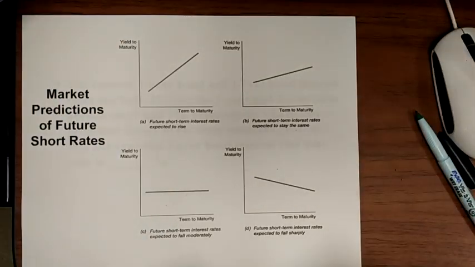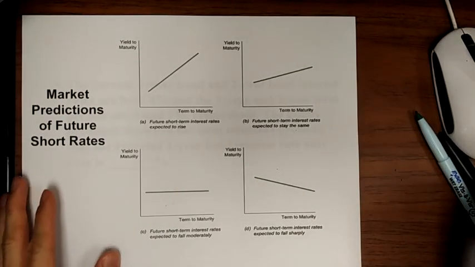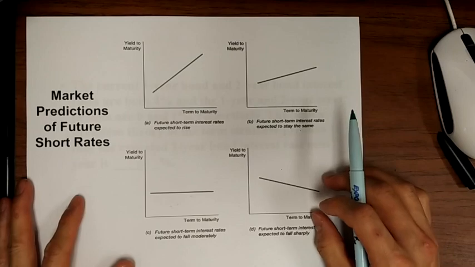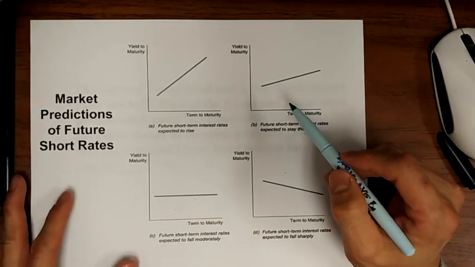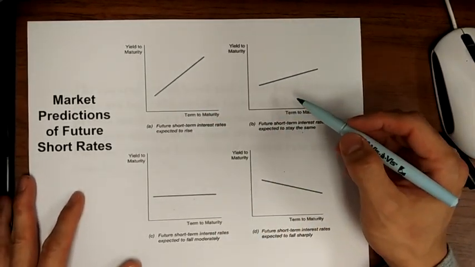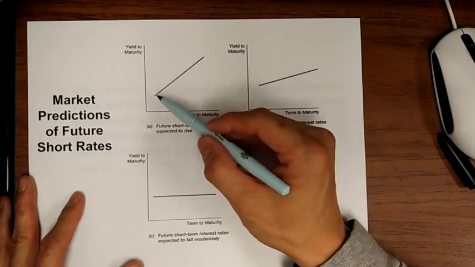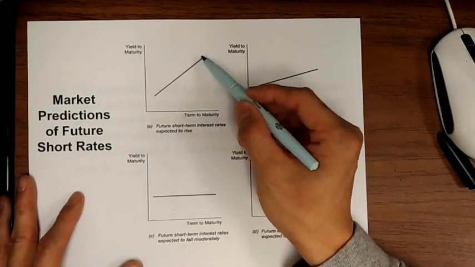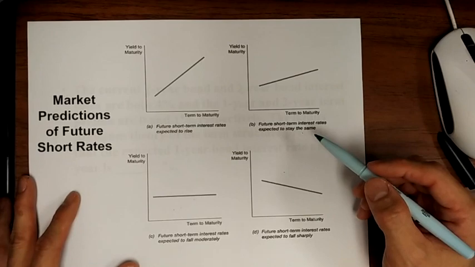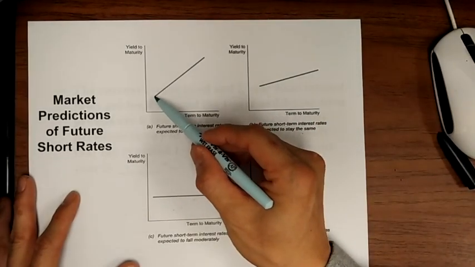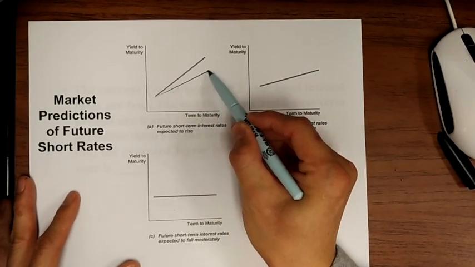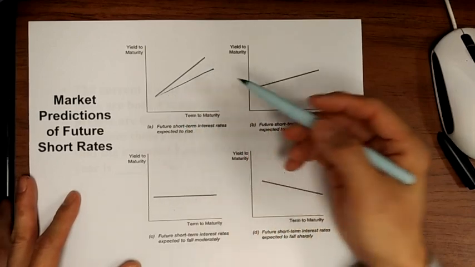Therefore, let's consider these four situations. If you go to the bond market and check a yield curve, and you see that the yield curve is steeply upward sloping, then you pivot it down, it is still upward sloping.